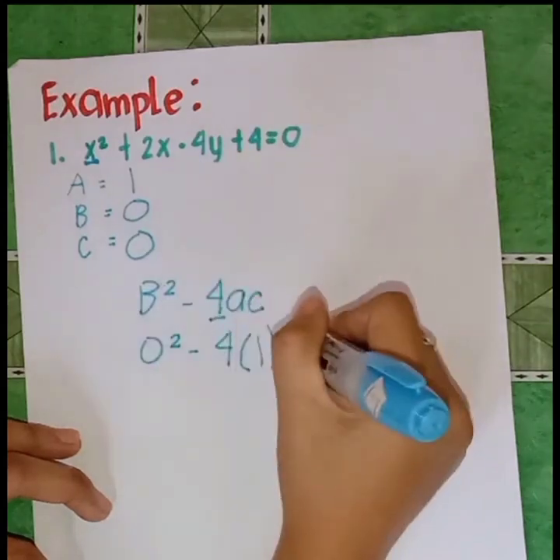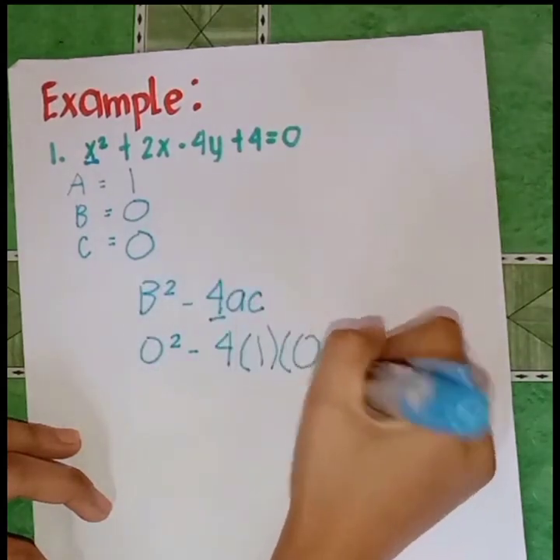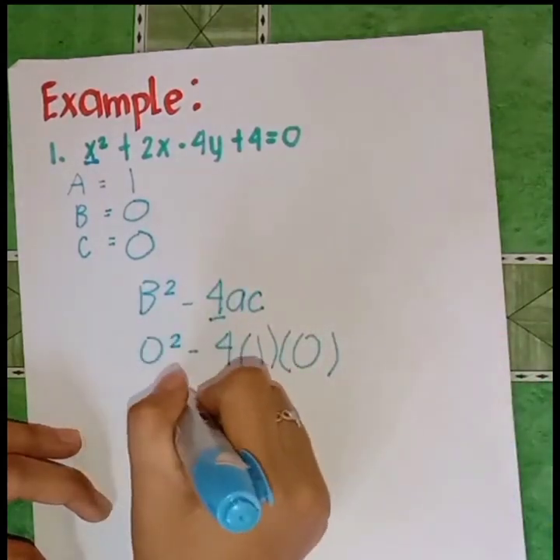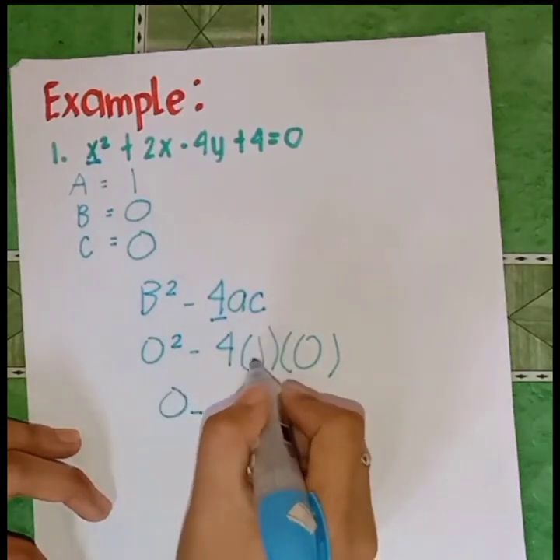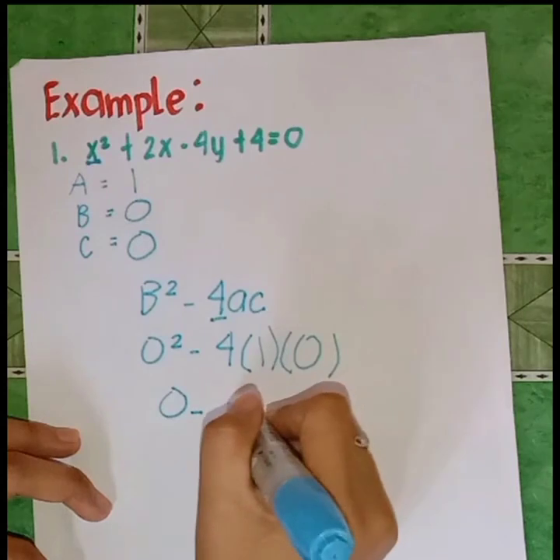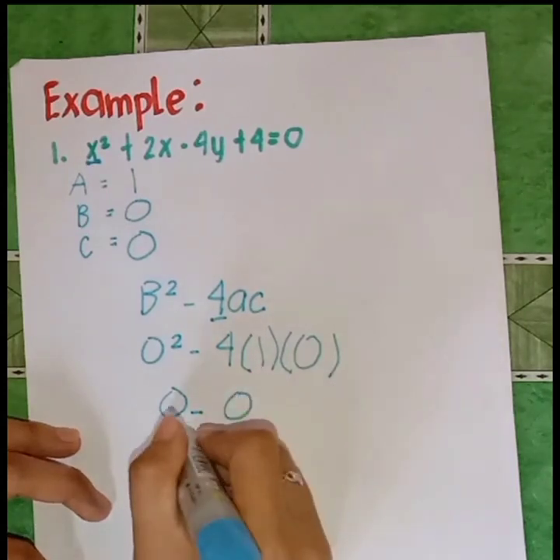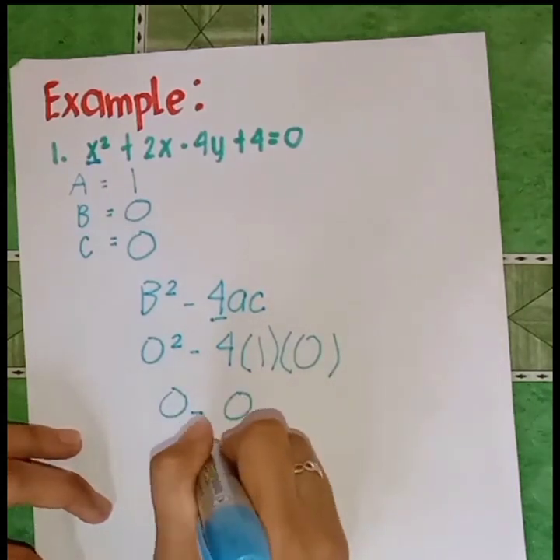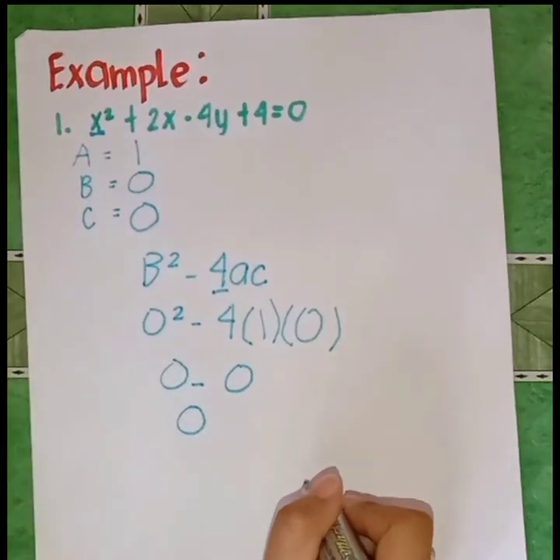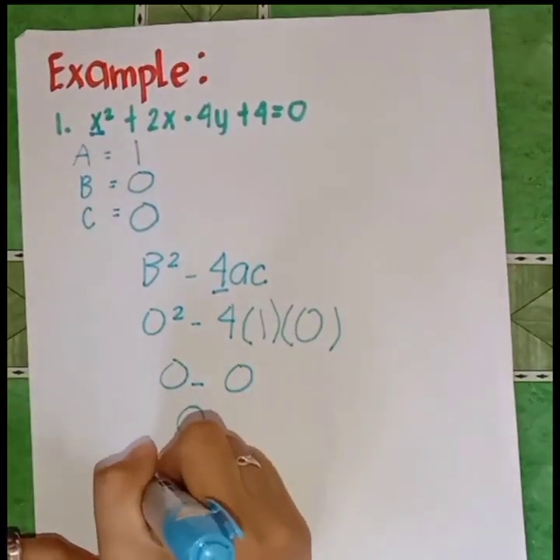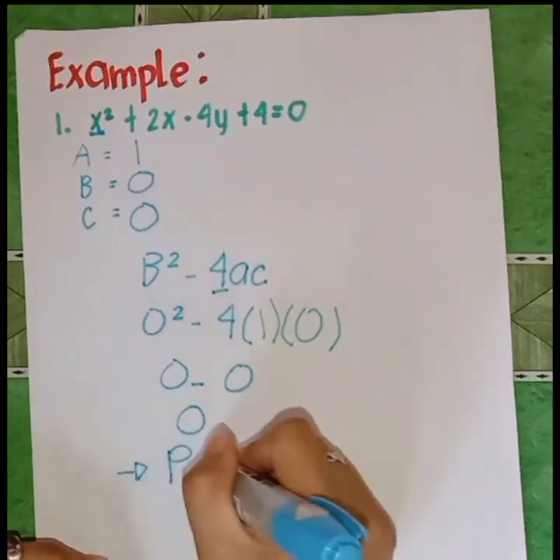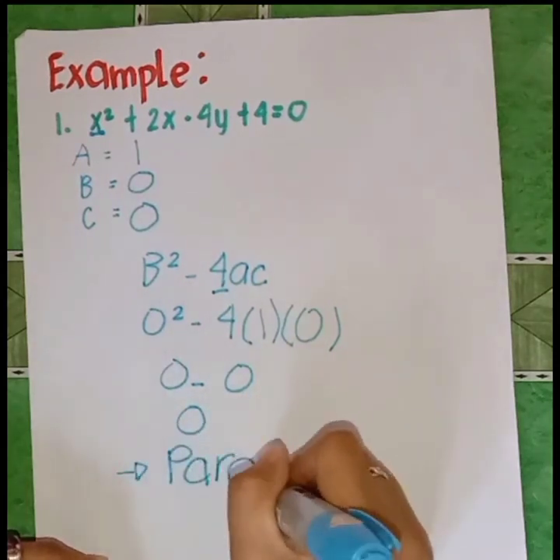And the value of c is 0. So 0 squared is 0. 4 times 1 is 4. 4 times 0 is 0. So 0 minus 0 is 0. Our discriminant is 0, so it is a parabola.